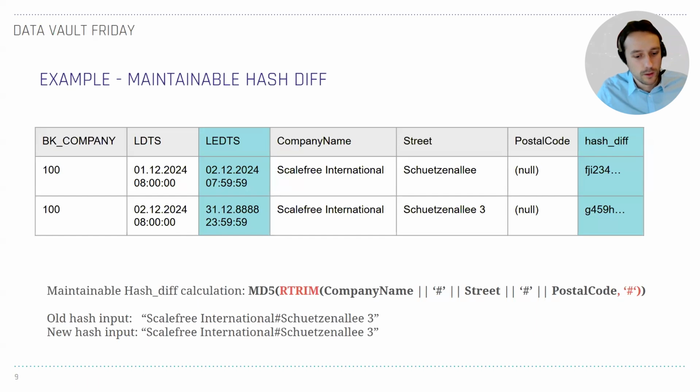So you still have a valid satellite entry, and you don't have a duplicate in the business key or hash key and load date timestamp combination. That would be possible, but that's rather for soft duplicates, or intraday changes. For hard duplicates, I would simply move them into an error mart.